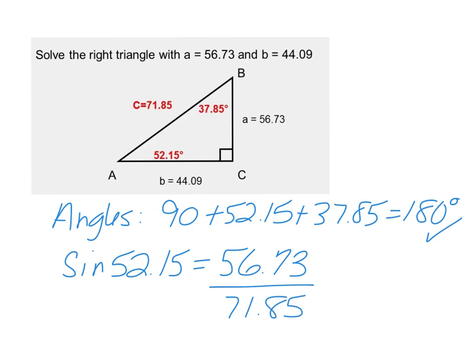So when we take the sine of 52.15 on our calculator, it comes out to be 0.7896. And when we take 56.73 divided by 71.85, it comes out as well to be 0.7896. So our side is correct as well.